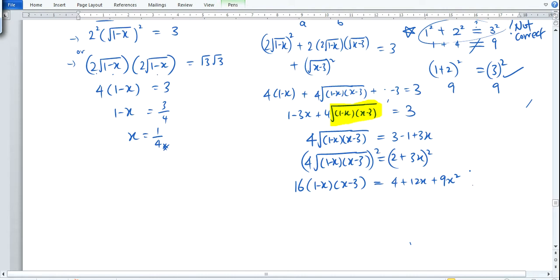The next thing is to simplify the bracket, and see that we are heading towards solving a quadratic equation. If I simplify this further, I'm going to get 25x squared minus 52x plus 52 equal to 0. Can you try to see whether you get this?